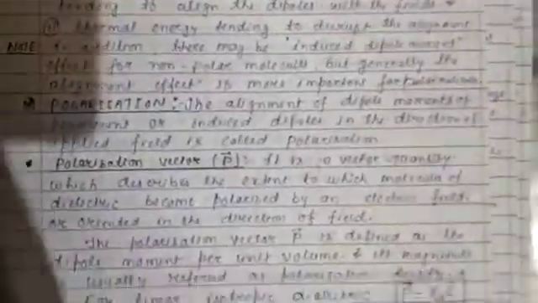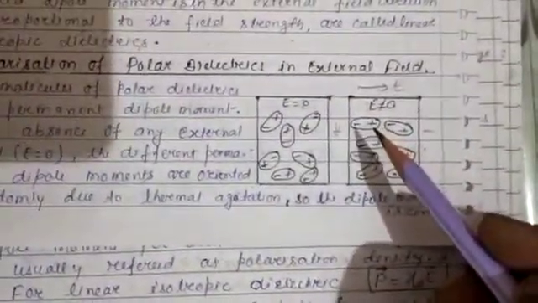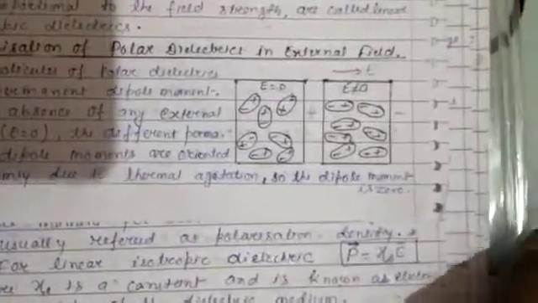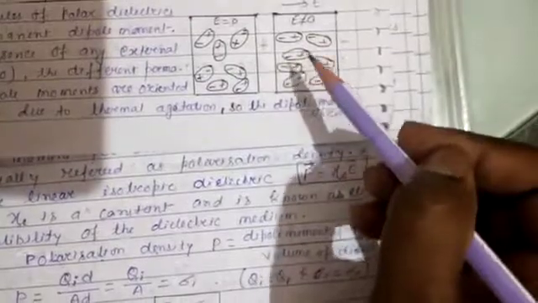See now, when we apply the external field, it will tend to align the molecules in the direction of the electric field. The direction of the dipole moment is from negative to positive, but the thermal agitation tends to disrupt this and make disorder, but the net dipole moment is in the direction of the external field.